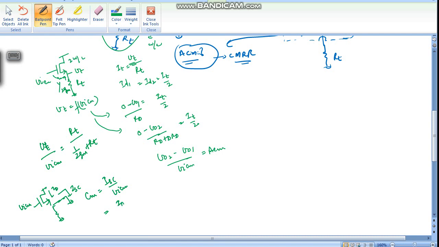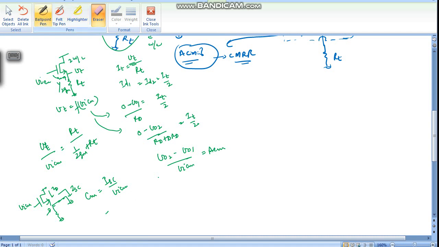So this is ID by VICM, because if we apply KCL at this output node, ID is GM into VICM. Okay, so I made a small mistake.